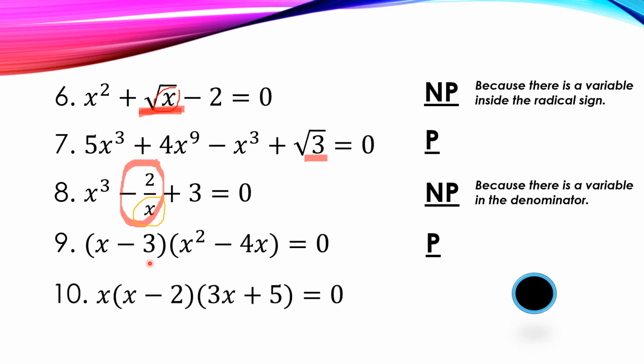Okay? And for our last item, number 10, x times the quantity x minus 2 times the quantity of 3x plus 5 equals 0. Is it a polynomial equation or not? Your timer starts now. Okay, time's up.